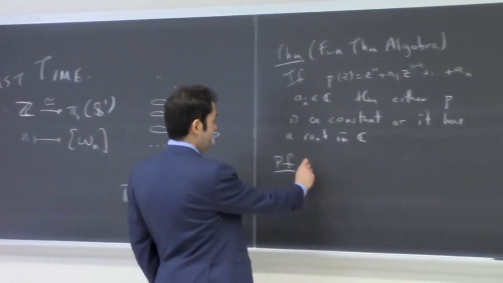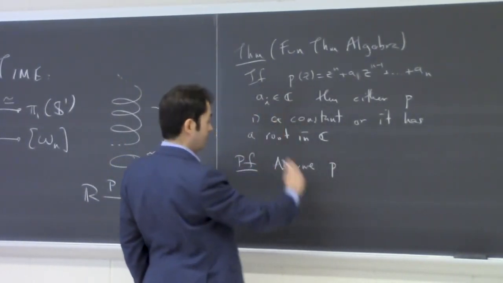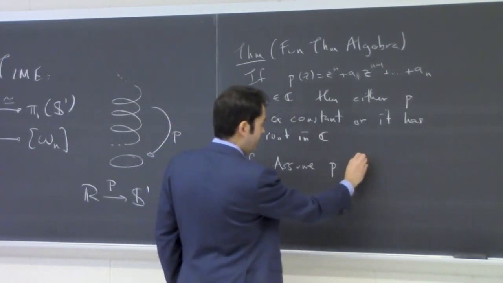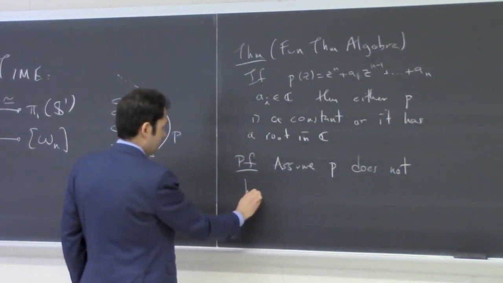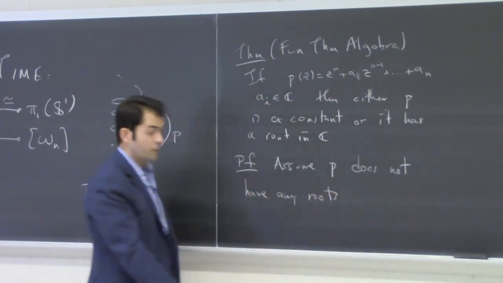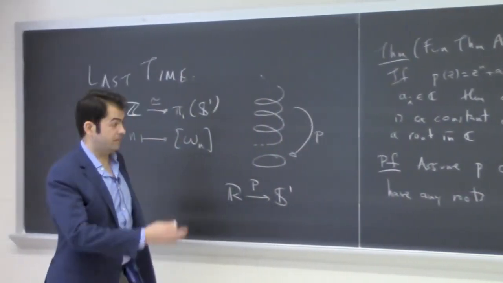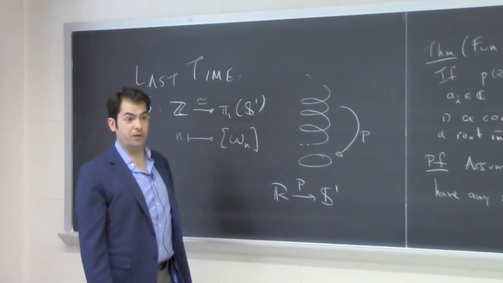So assume that P, given in this way, does not have any roots. So what we want to show is that P must be a constant. So degree 0 polynomial.